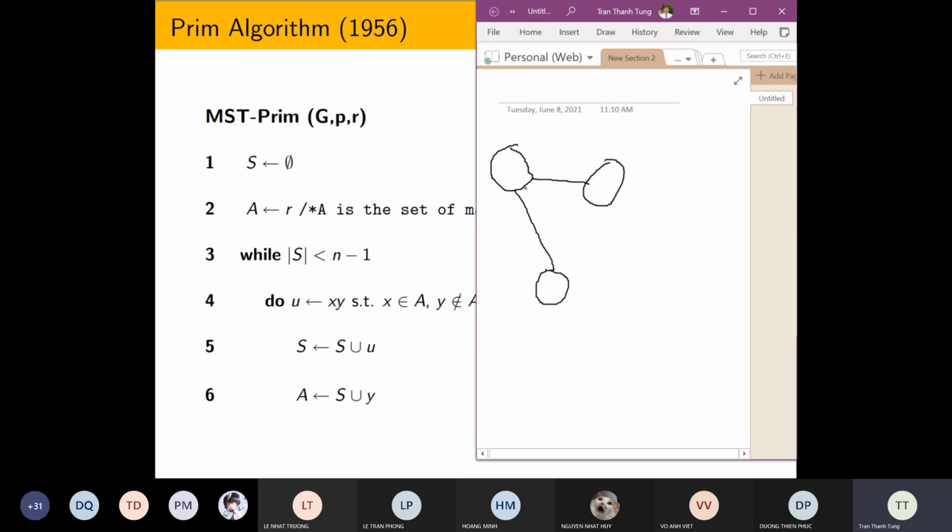Let's say we have 2, 3, and 4, and we may have this one maybe. Something like that. Okay, let's say this one.